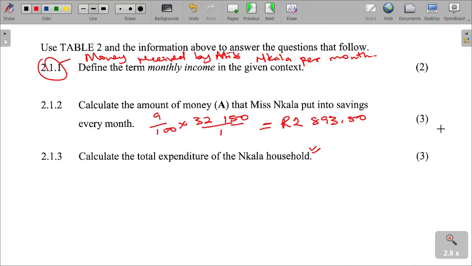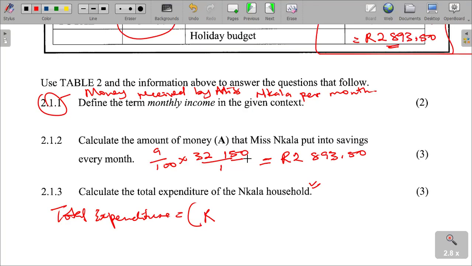So our total expenditure is equal to the sum of all this money.